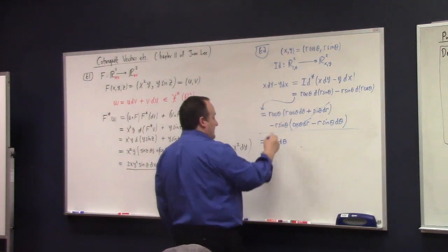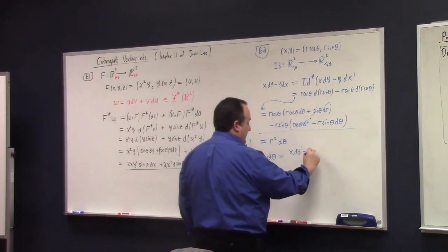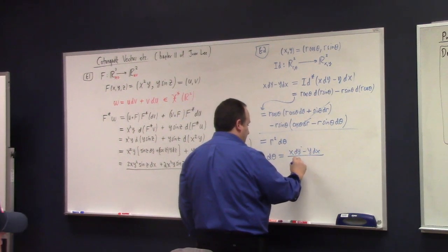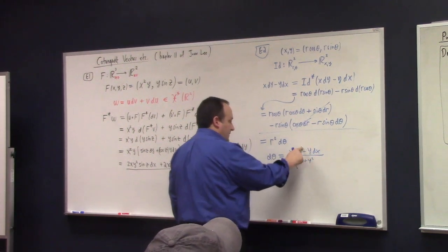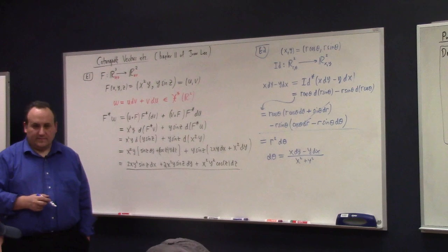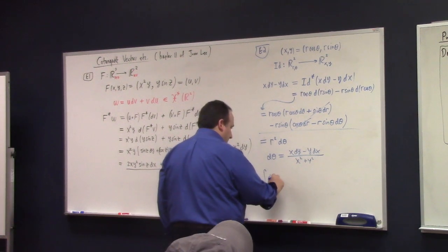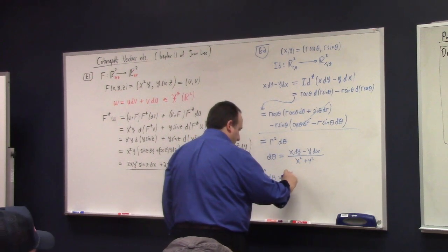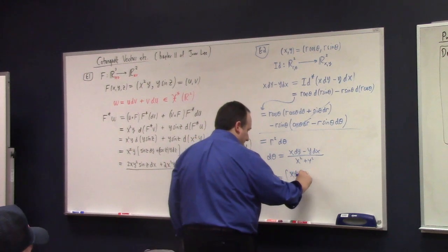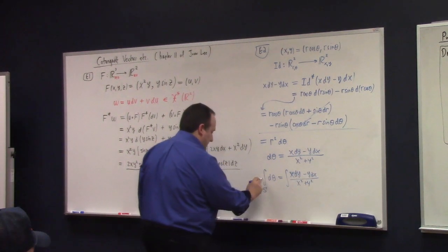We can literally derive from this that d theta is equal to x dy minus y dx divided by r squared, which I'll write as x squared plus y squared. There you go. That's one of my favorite things to integrate in Calculus 3, because if you integrate this around a circle, let's say S1, well, that's obviously 2 pi.